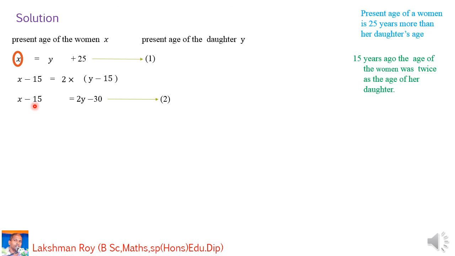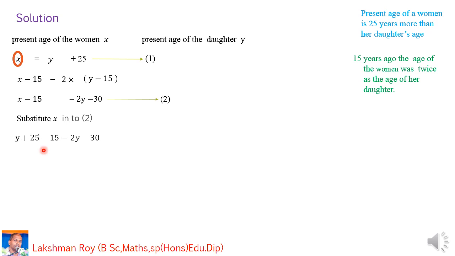That is the easy way. So I substitute x into the second equation: here x is y plus 25, then minus 15, and on the right-hand side 2y minus 30.